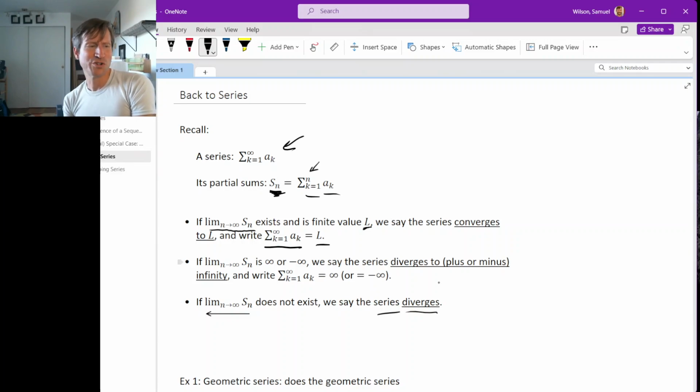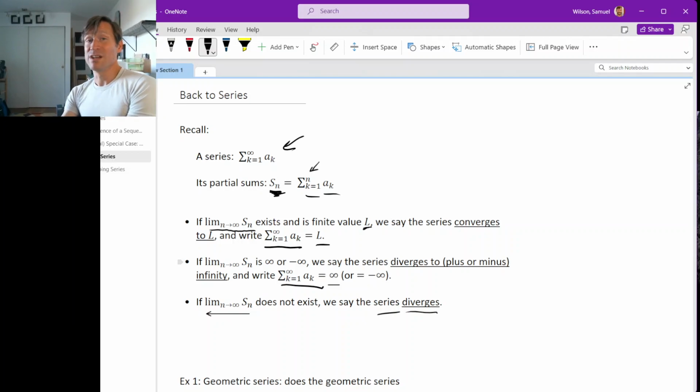So in the future, we'll have some facts about convergent series, and it's important to remember that to converge, a series can't go to infinity. Even though it makes sense to say that in this case a series adds up to infinity, this doesn't count as converging.